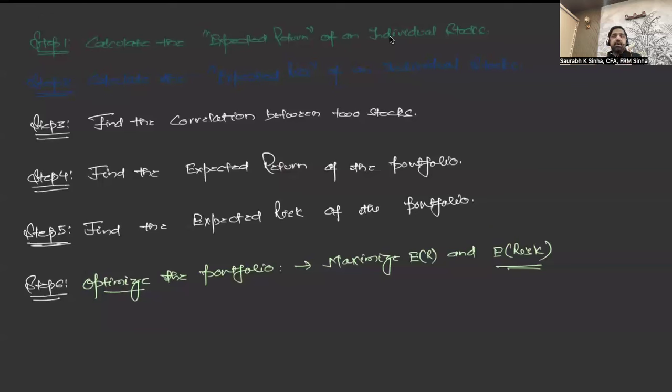About the last step, I just want to utter: even if I won't speak about optimization, the whole portfolio management is about optimization. Whenever I discuss the efficient frontier, whether the Harry Markowitz efficient frontier or the CAPM efficient frontier, that discussion is about optimization.